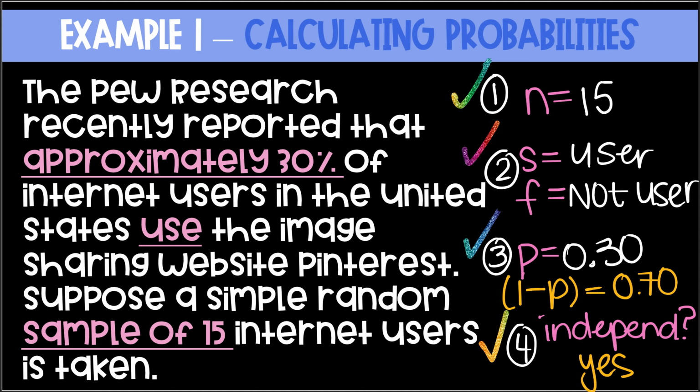Our probability of finding a Pinterest user is 0.30, since approximately 30% of the United States internet users actually use Pinterest. Our probability of failure will be the remainder of 1 minus the probability of success, which is 0.70 in this case, and we had already checked if this was a binomial distribution because we also have independent events.